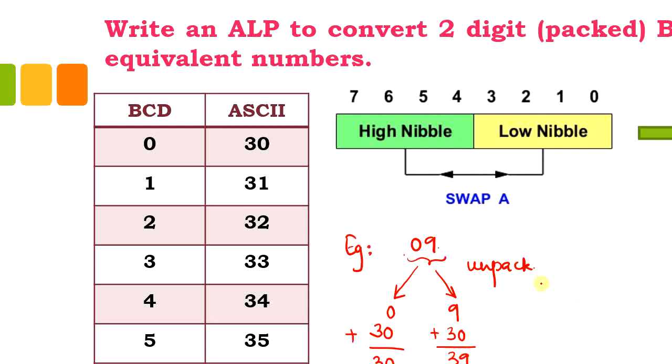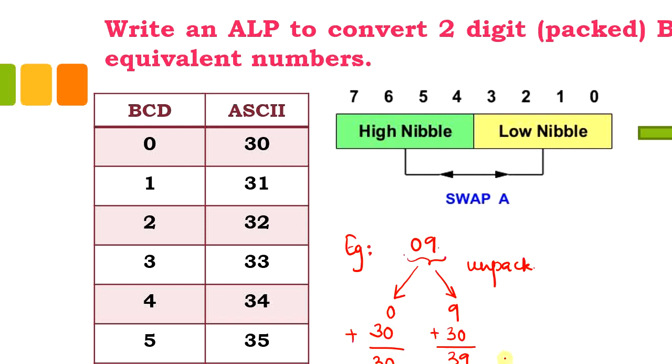So the equivalent of this particular 2-digit BCD number in ASCII will be 30 and 39. So what we are going to do is consider a 2-digit number, unpack it into a higher nibble and a lower nibble, and then add 30 to each of the nibbles to obtain the result.